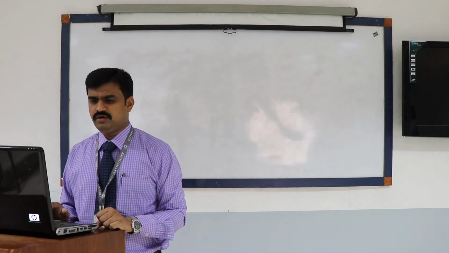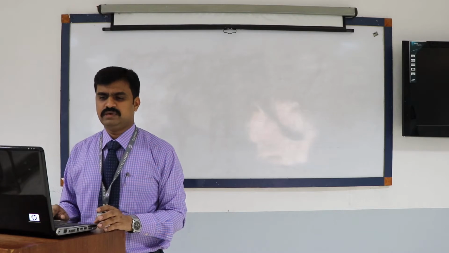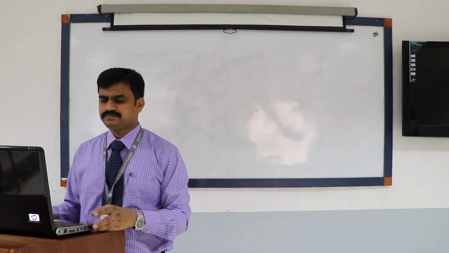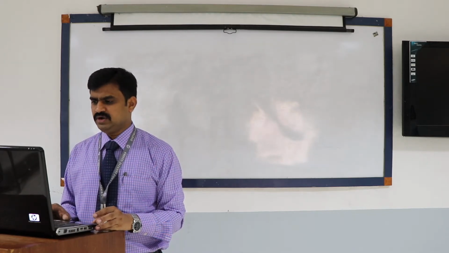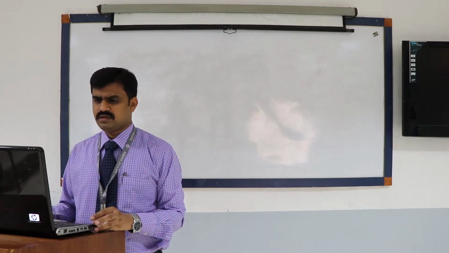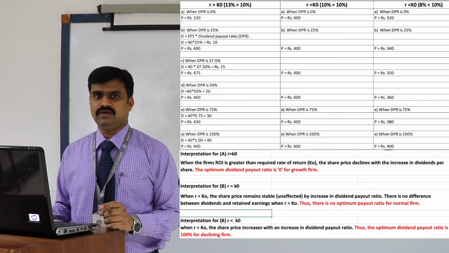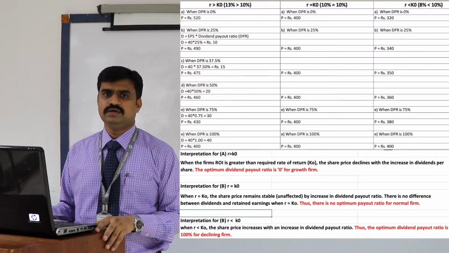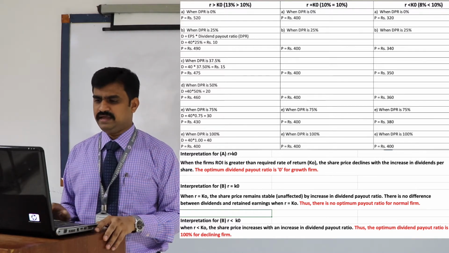And our first scenario when DPR, that is dividend payout ratio, is 0%, how much did we get as the price? We got the price 520, and then for the second scenario 400 and third scenario 320. I have done this on the board last class.